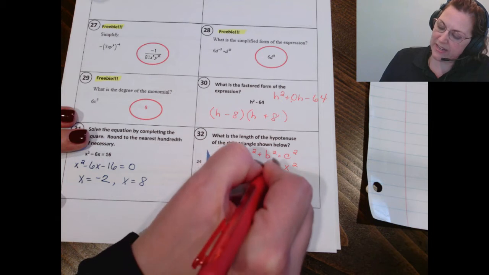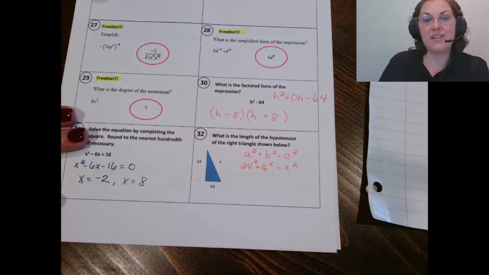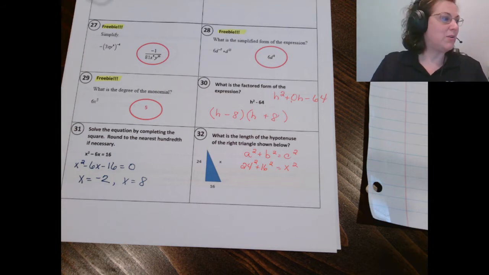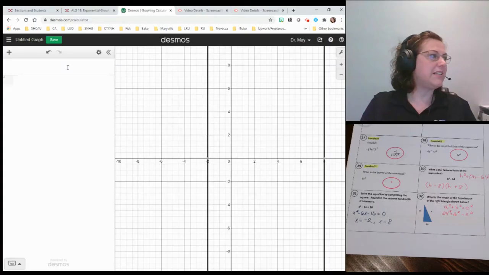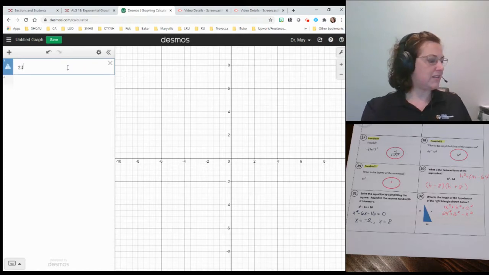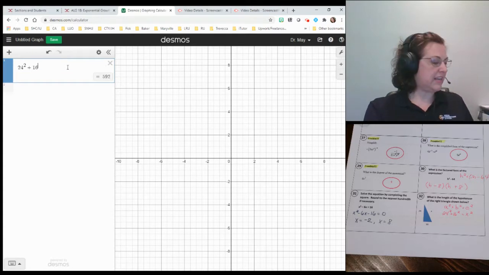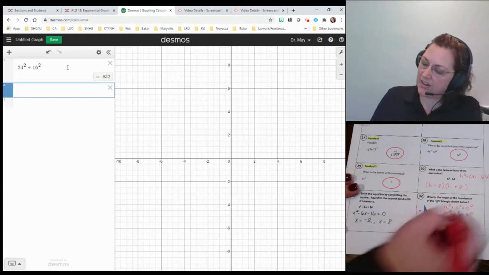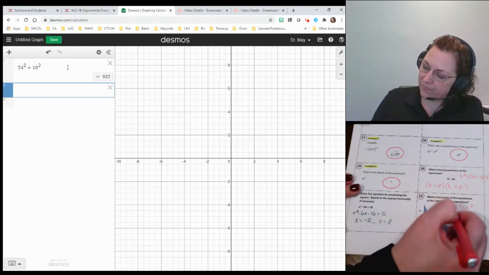24, 16. Okay, now use your calculator to calculate these values. If you want to use Desmos, we could definitely do that. I'm going to do 24 to the caret 2 plus 16 caret 2. See how it told me that was 832?